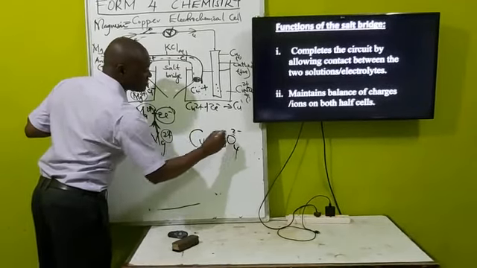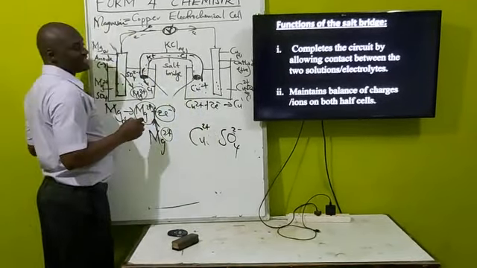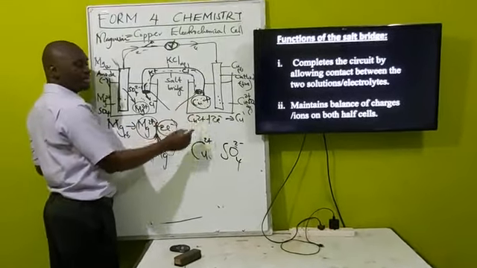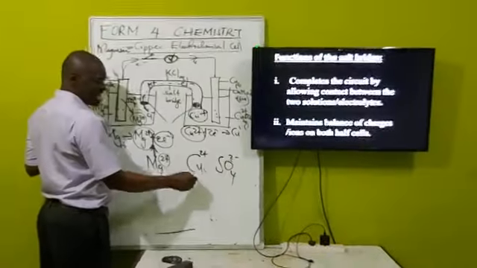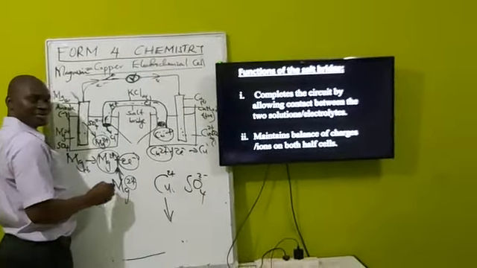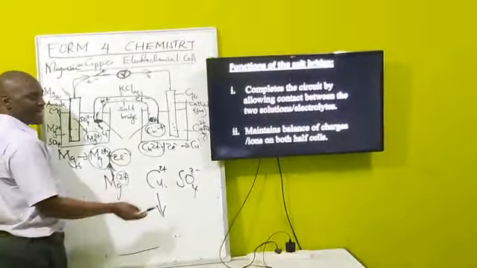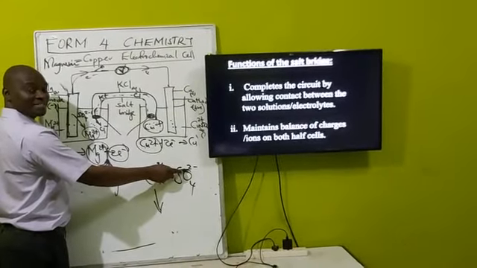Let me write it in the form of ions. Then these copper 2 ions are being used up. If copper 2 ions are being used up, their number will go down, lower than the number of negative sulfate ions.